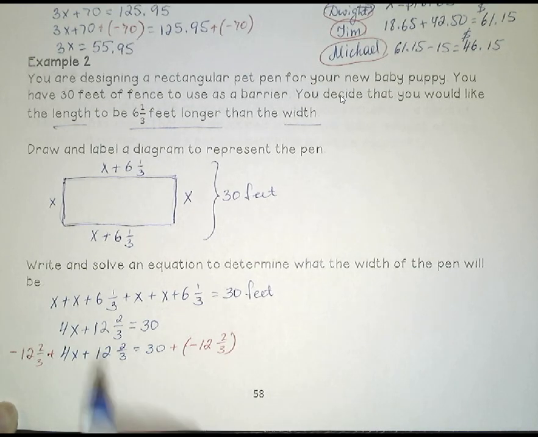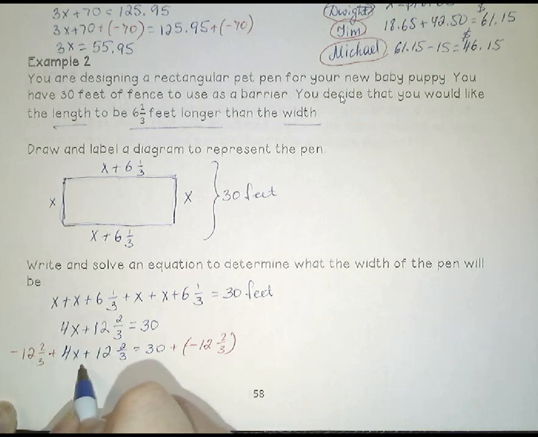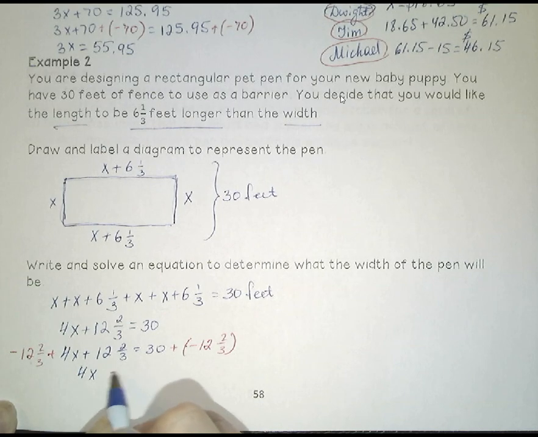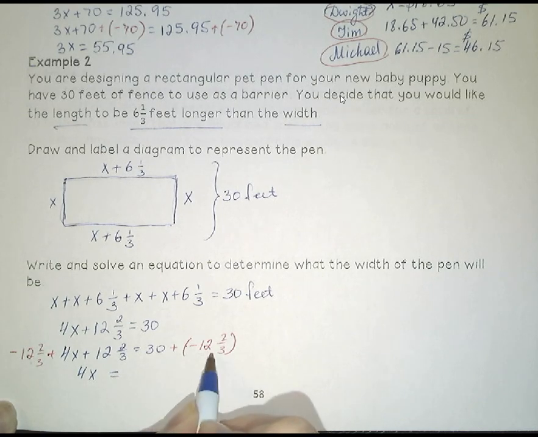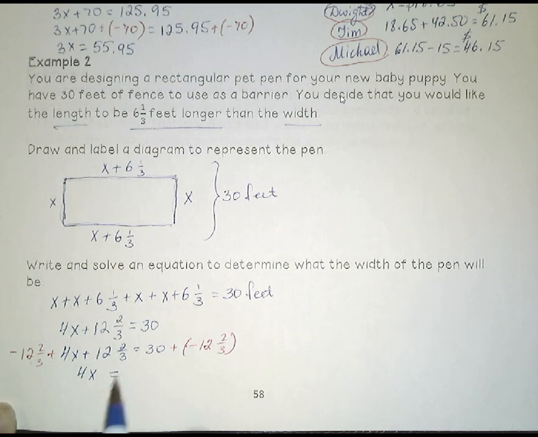Okay, so 12 2/3 and negative 12 2/3 get cancelled out. It will be a 0. So we have 4x left. 4x equals 30 plus negative 12 2/3. We can do it on the side, but it's going to be 17 1/3.